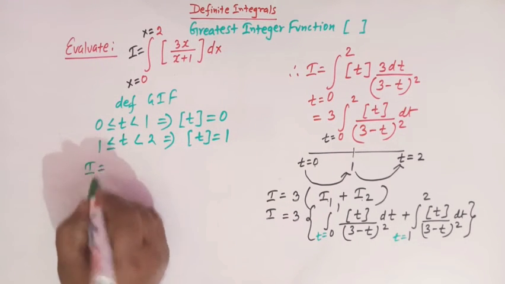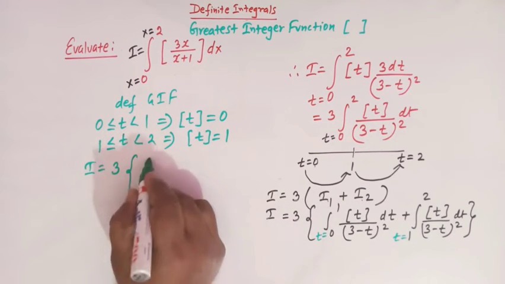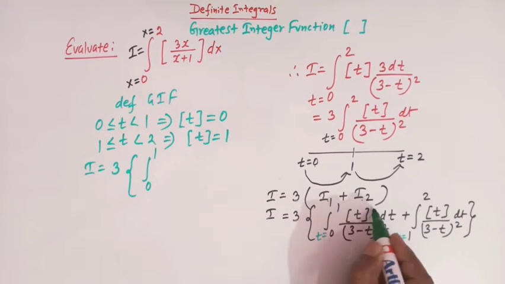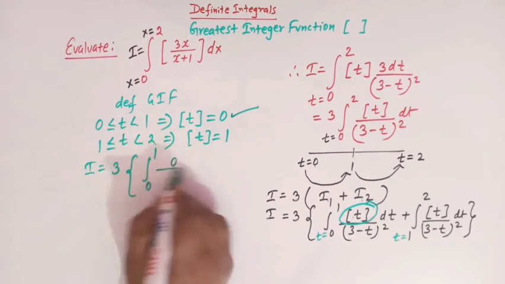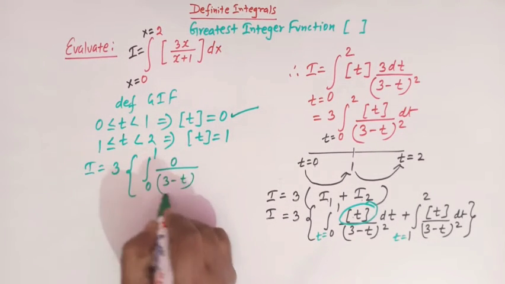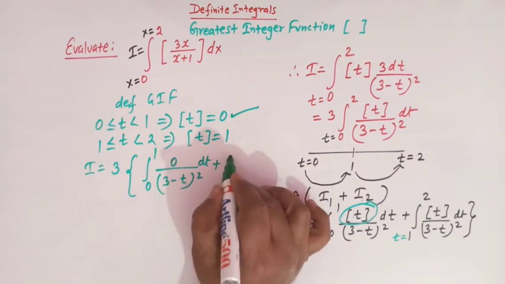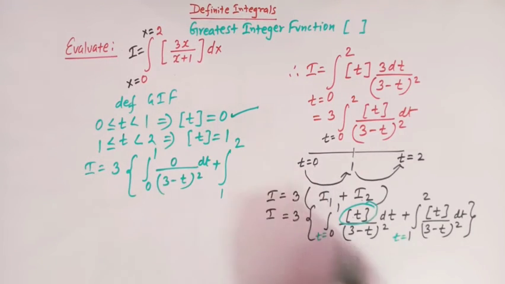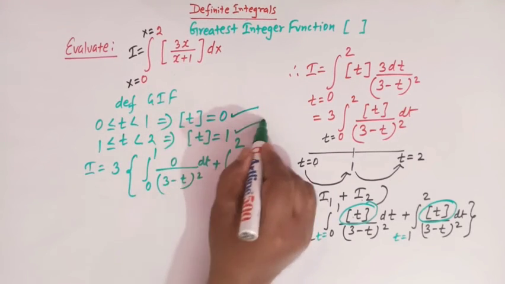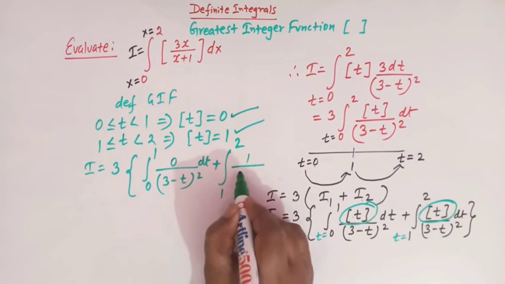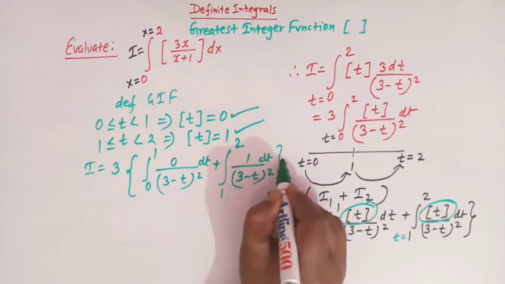So now it takes the form 3, and here we have 0 to 1, and for the greatest integer t we have 0, so we have 0 over 3 minus t square dt, plus here we have 1 to 2, and the value of greatest integer t is 1, so we have 1 over 3 minus t square dt, right?